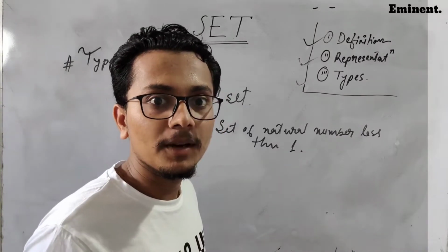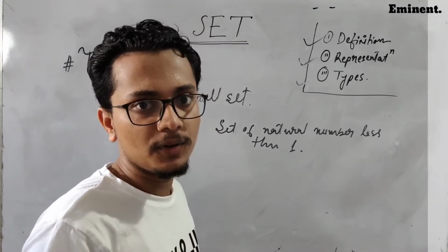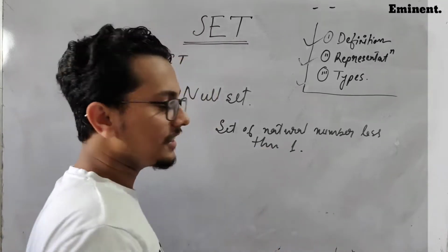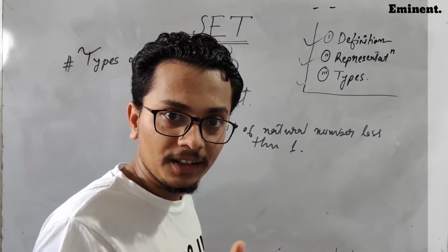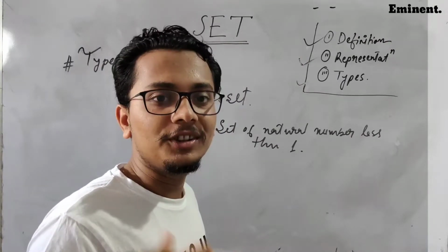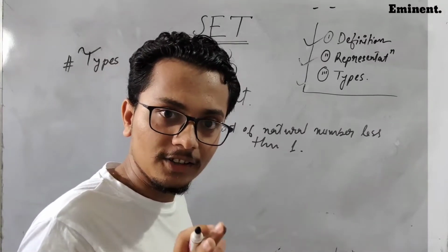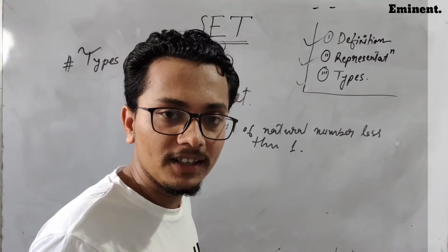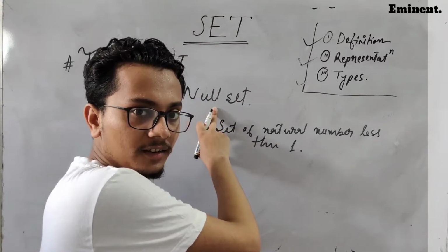You know natural numbers start from 1 and there is no natural number which is less than 1. Then in this case the number of elements is what? 0, right? So this set is known as a null set. Understood? If there is no element in a set, then this set is known as a null set, right?